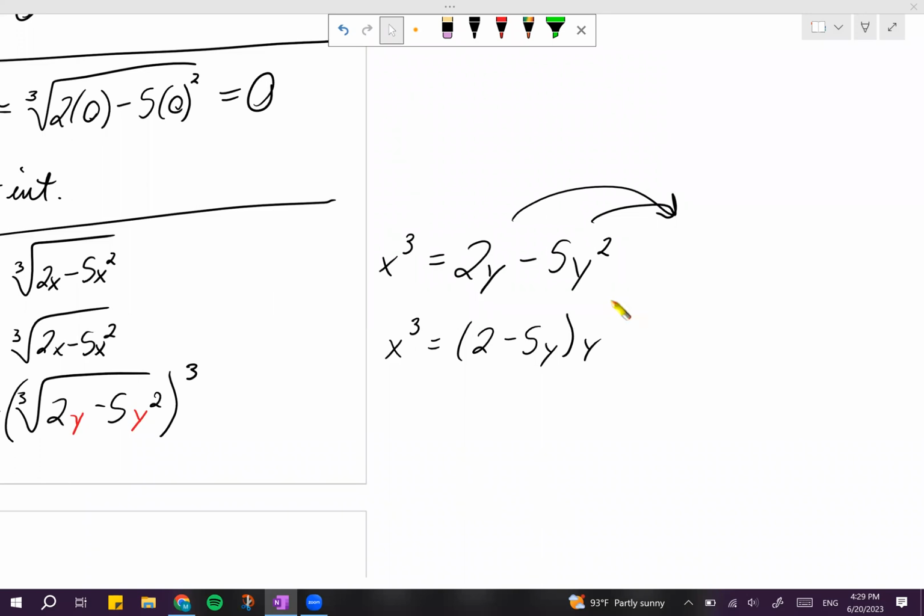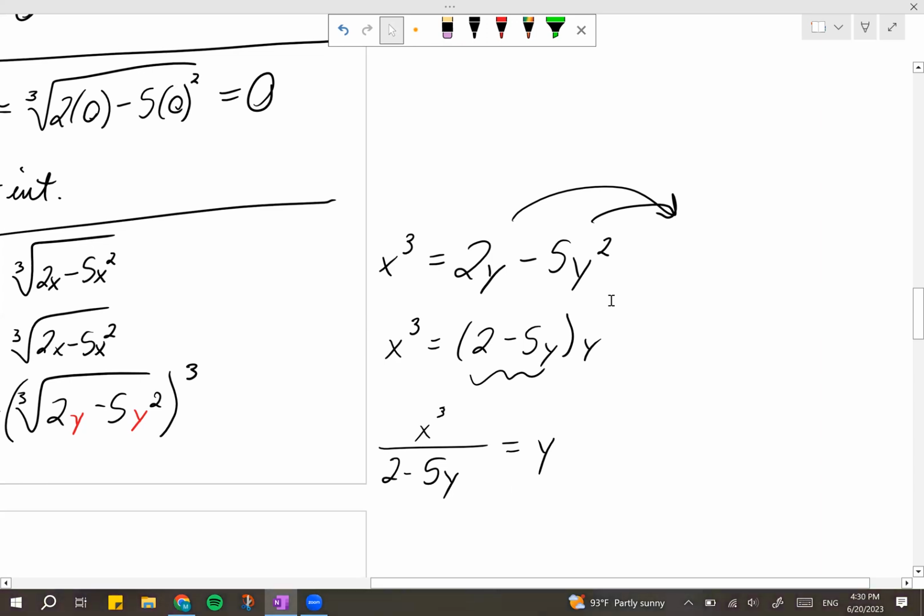So whenever we pull this out and we get this equation, it tells us that we won't have an inverse function for this because we have two y's here and they're being multiplied together. So that tells us there's not an inverse function, because if we were to divide by this term right here, we would have x cubed over 2 minus 5y equals y. And then we have y in terms of y, which doesn't really make sense whenever we're trying to figure out a function, because we can't have a function in terms of itself. It's kind of silly notation. So there is no inverse function.